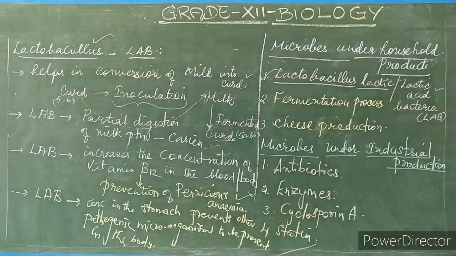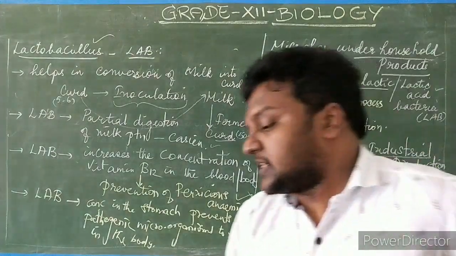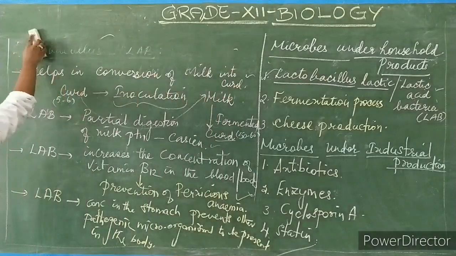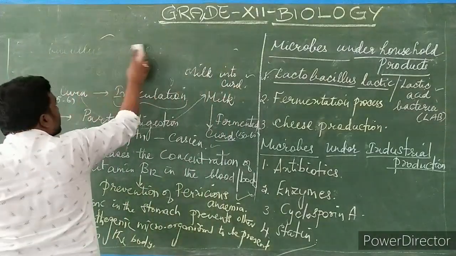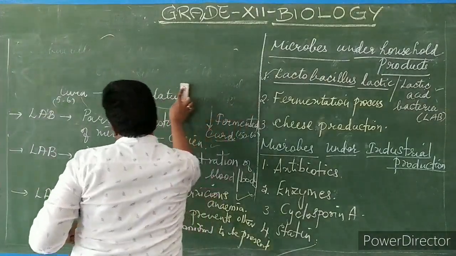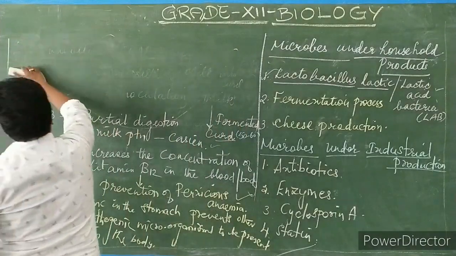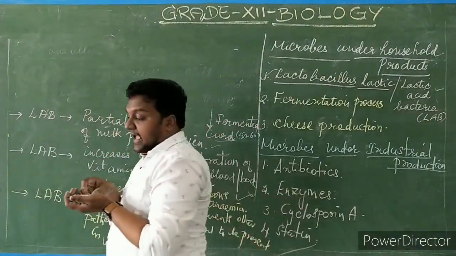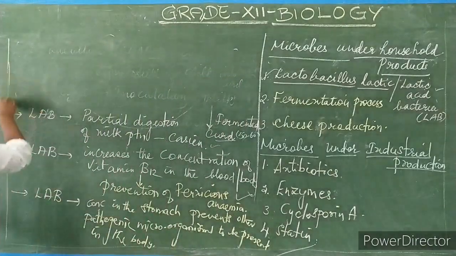Now the fermentation process. In the fermentation process there are lots of organisms. The baking industry and the brewing industry. The fermentation industry is widely a big fermentation tank vessel.